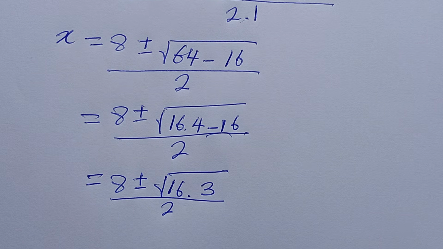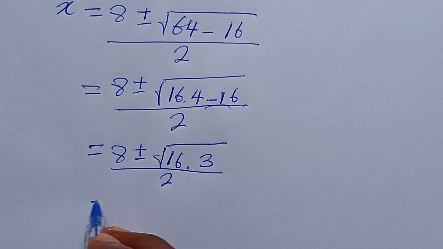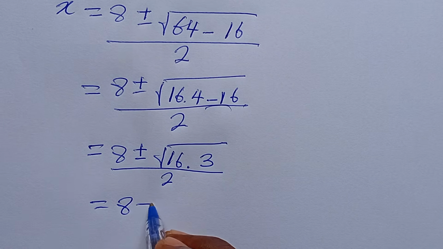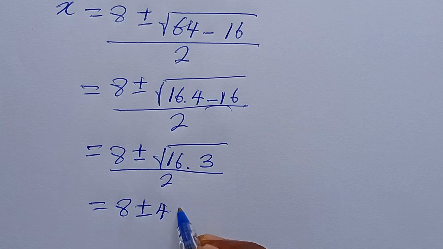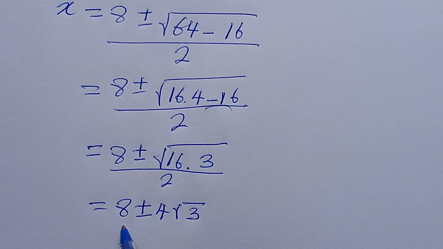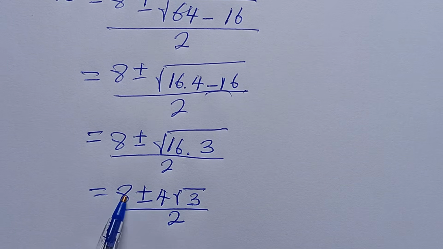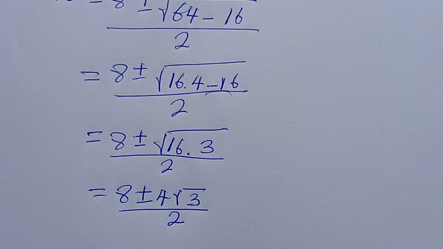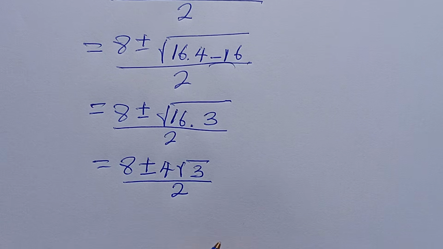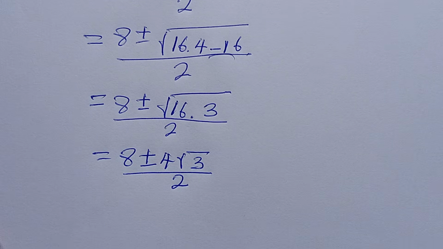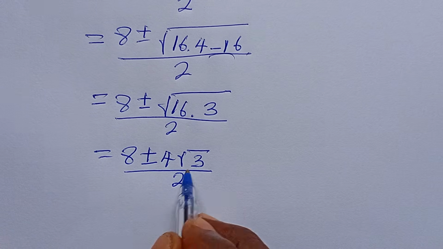16 is a perfect square, so the square root of 16 will give us 4. And so we're going to end up having our 8 here plus minus our 4 into the square root of 3. Everything all over 2. We can use 2 to divide this quantity and this quantity here. So 2 into 8 will give us 4, and 2 into 4 will give us 2. So our equation can now be written as, or we can quickly conclude by saying that our x, all right, let's strike out here.